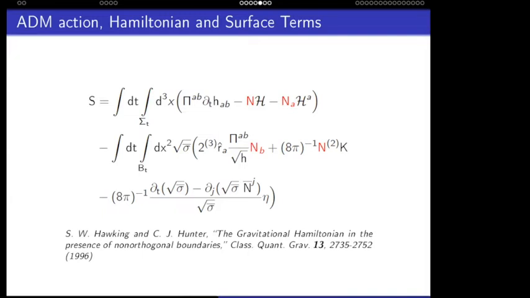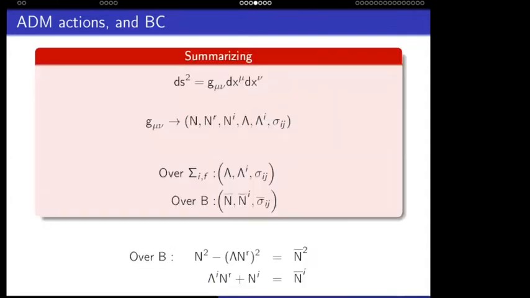When you take the variation in the bulk, these two are independent and you get the usual Hamiltonian constraints, H, in the bulk. However, you can't freely vary these two fields at the boundary because they are related. Remember the relation I showed you, this one here.